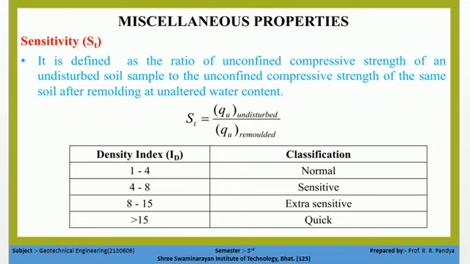Now take a look at the sensitivity. Sensitivity is denoted by St. Sensitivity is defined as the ratio of unconfined compressive strength of an undisturbed soil sample to the unconfined compressive strength of the same soil after remolding at unaltered water content.